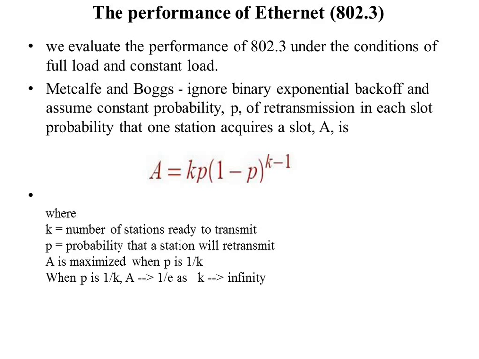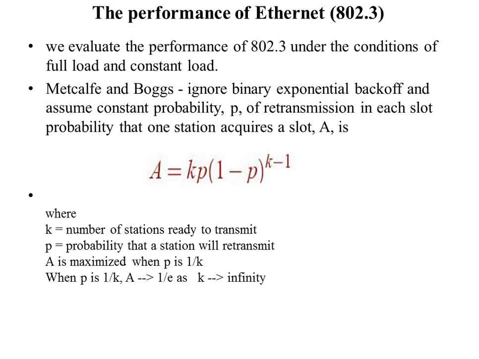One station is acquiring a slot, then how will A acquire this slot? A is equal to K into P into (1 minus P) raised to K minus 1, where K is the number of stations ready to transmit. If there are 5 stations, then we'll consider that out of 5, 3 are ready to transmit.